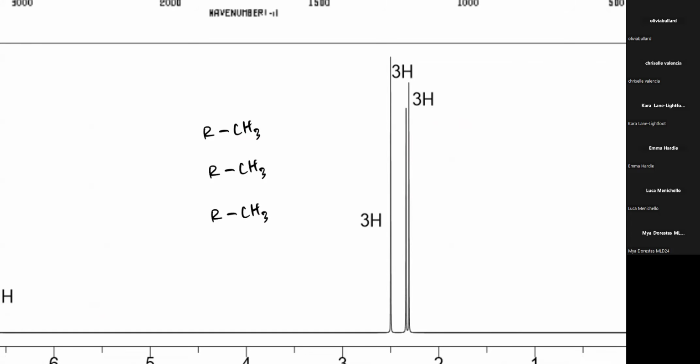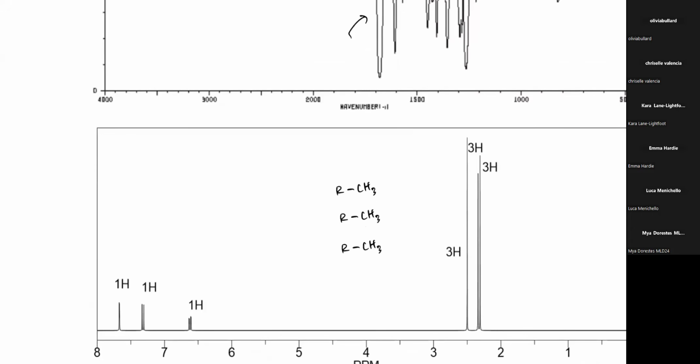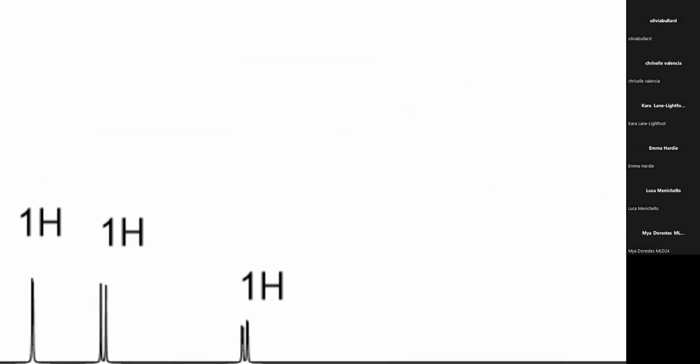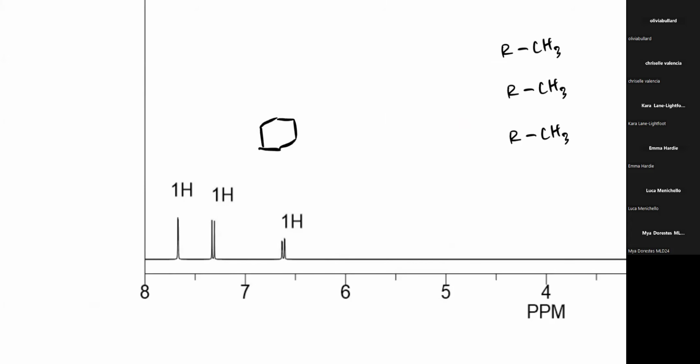They've got no neighbors, they're just hanging out. Then I've got a benzene. Almost certainly, I've got multiple peaks up by 7. But I've got to decide how this benzene is substituted.